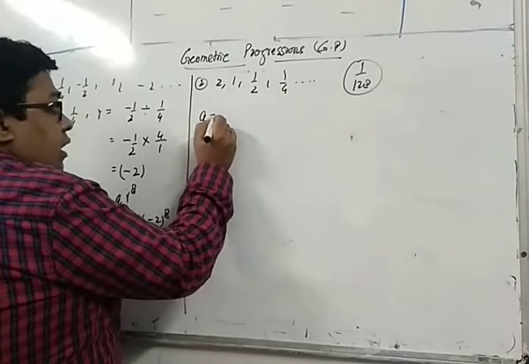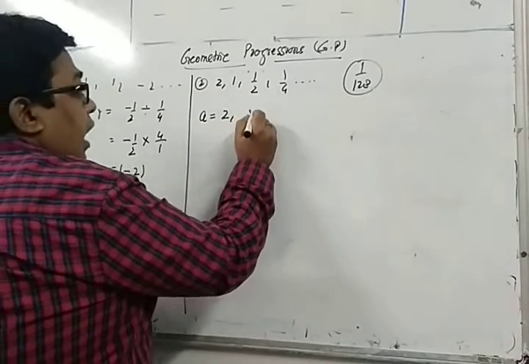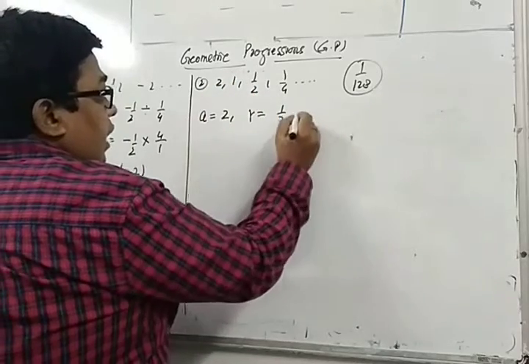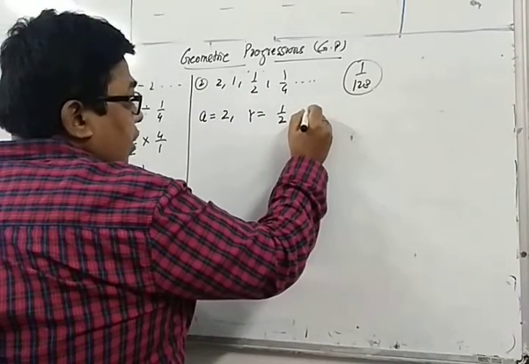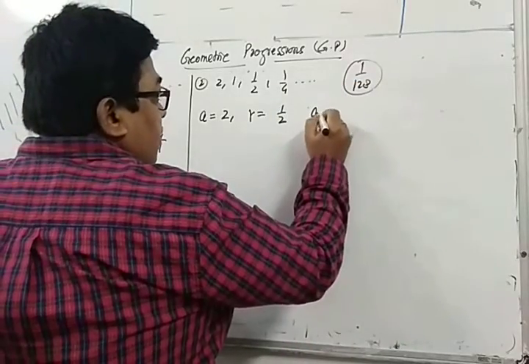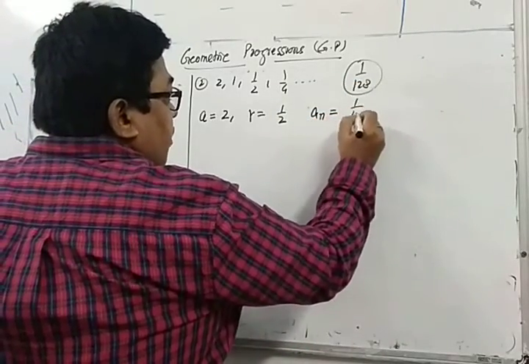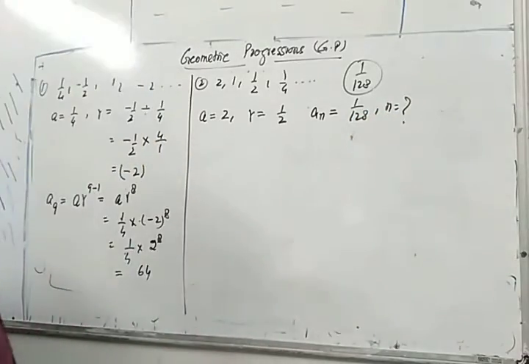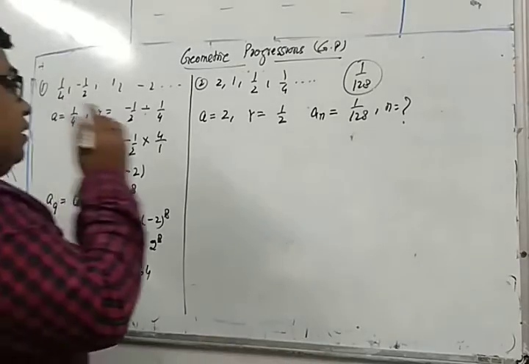Always find a first, r second. r is 1 upon 2, dividing 1 by 2. Now suppose it is the nth term, so an is equal to 1 upon 128 and n is the question mark. We have to find the value of n.